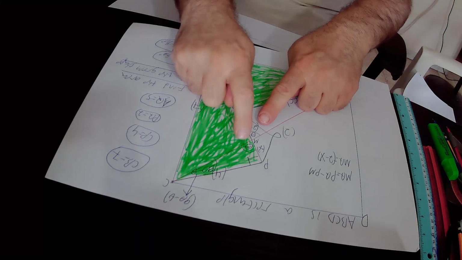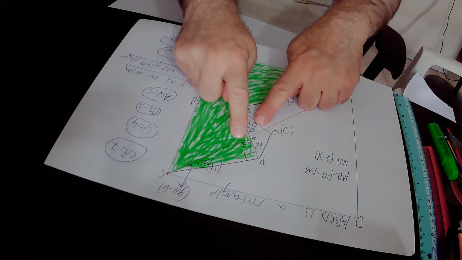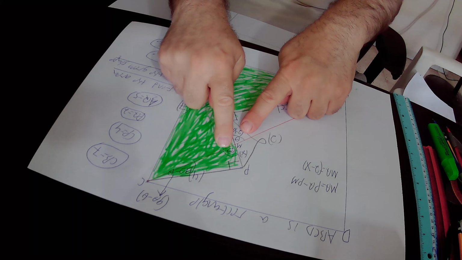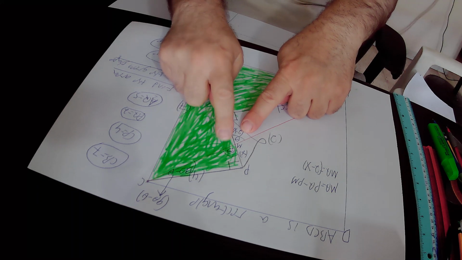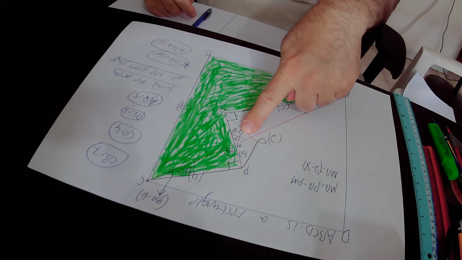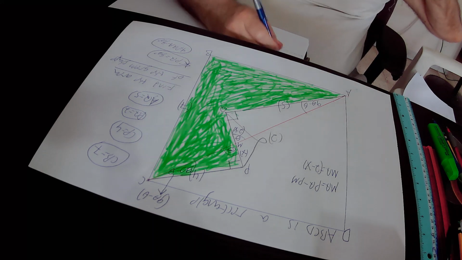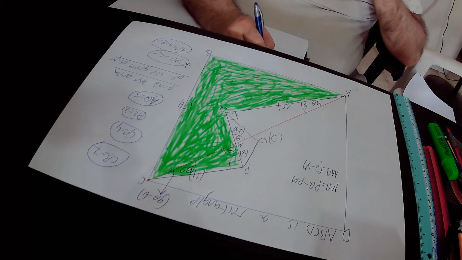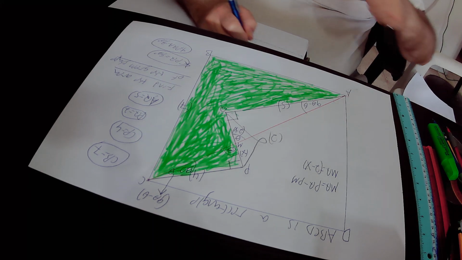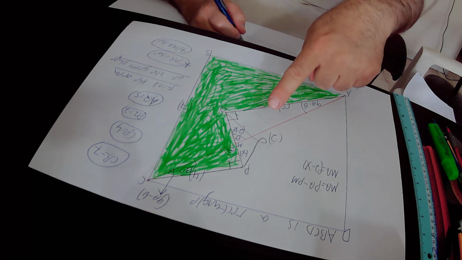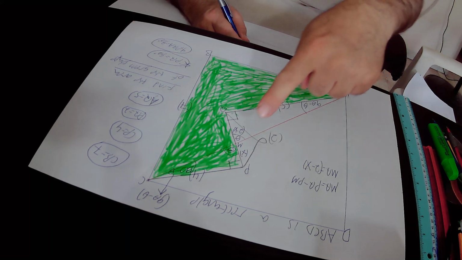First of all, those two angles are vertex angles, therefore they are equal to each other. They are both equal to theta. So this is angle AMQ in the right white triangle AMQ, and it is equal to this angle.